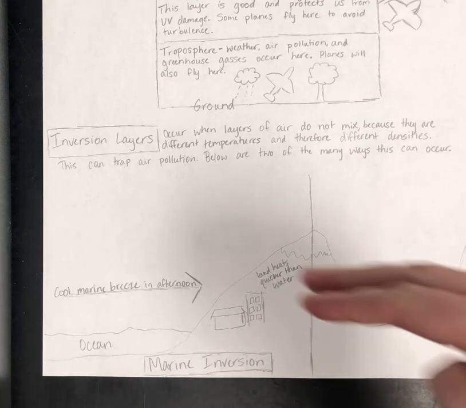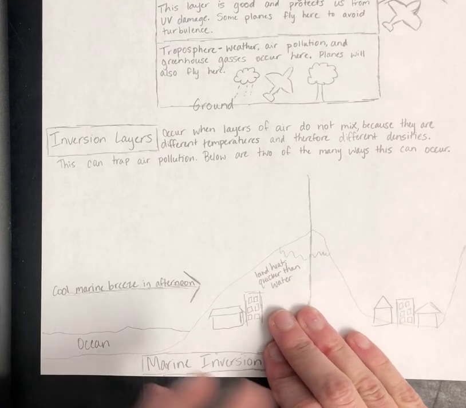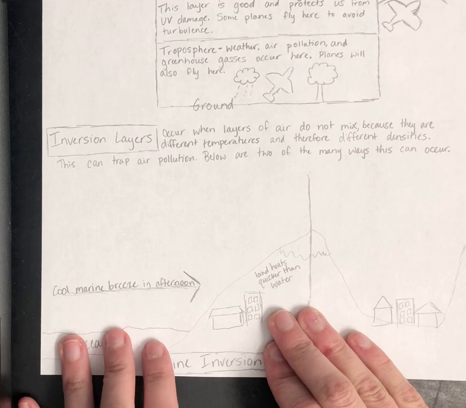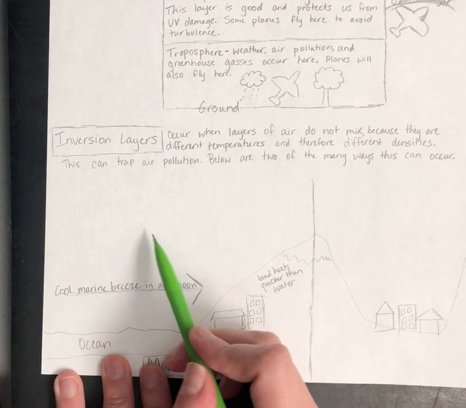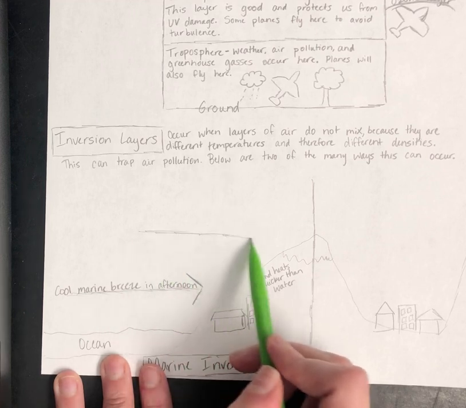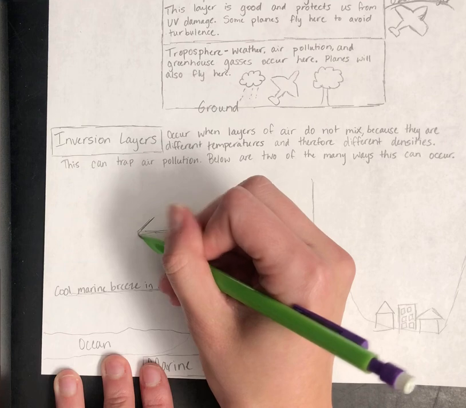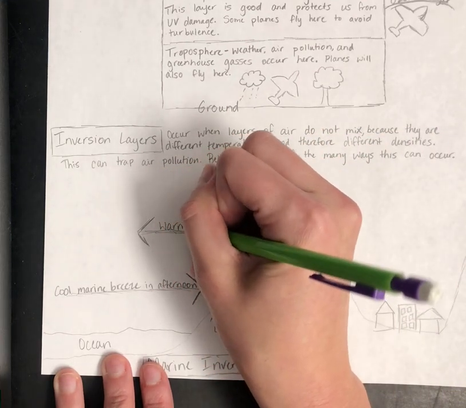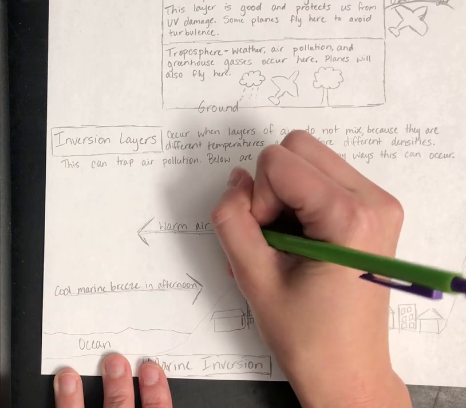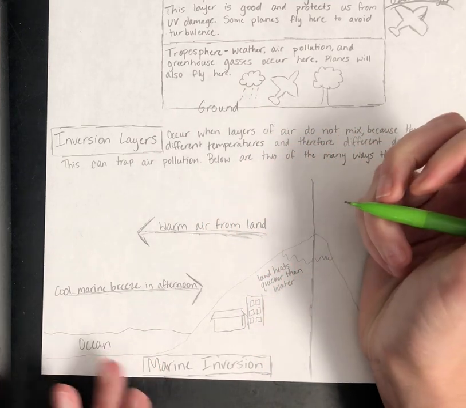So of course the land over here is going to be a lot warmer than the water, because remember, land heats quicker than water. So we have a big arrow this way, because this is the warm air from land. Okay?